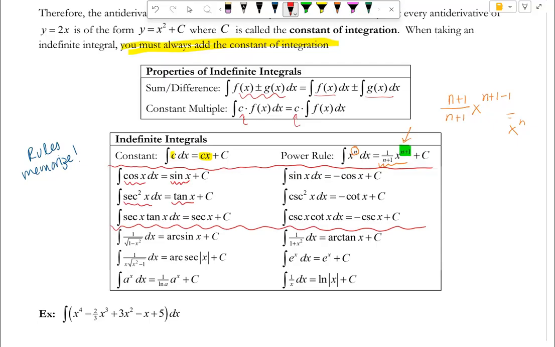Where we have to be careful is that unlike our derivative rules, the sign, S-I-G-N, like positive or negative sign here, is much easier to mess up because, for example, the derivative of sine is positive cosine, but the antiderivative of sine is going to be negative cosine of x plus c.